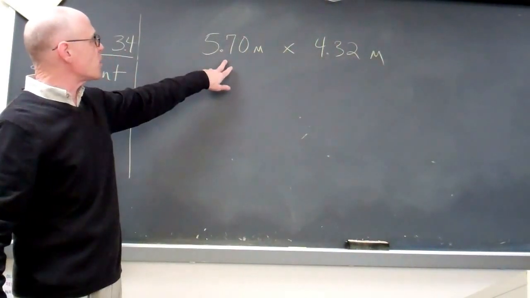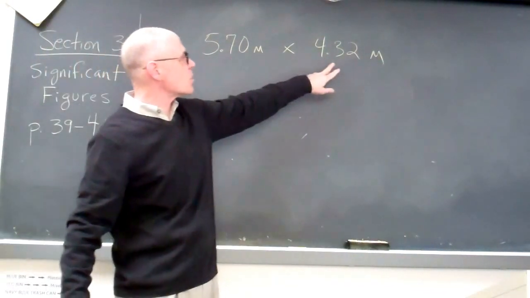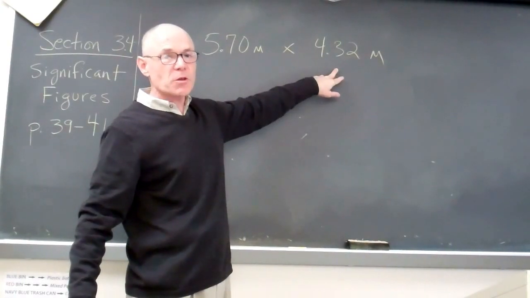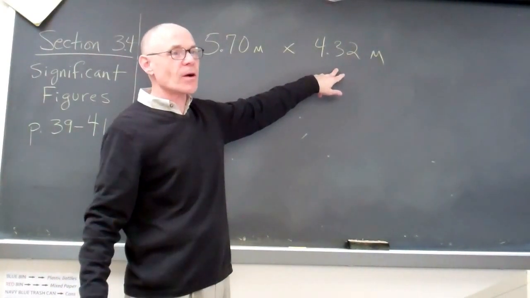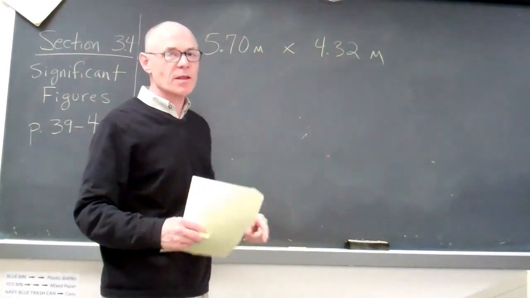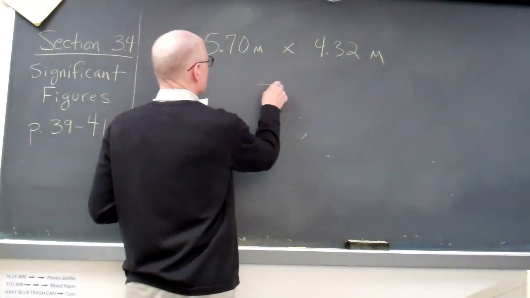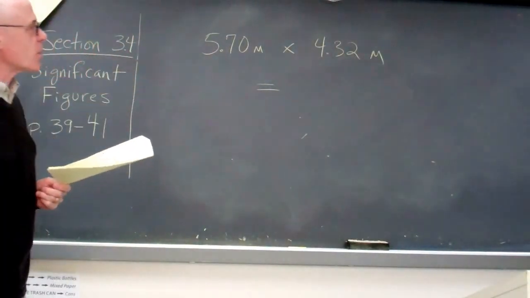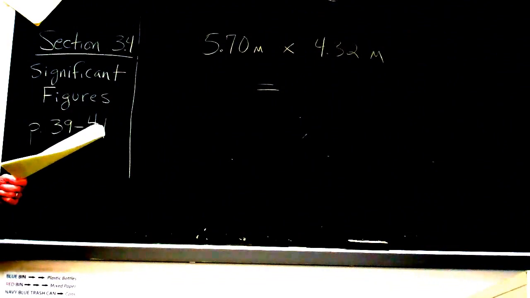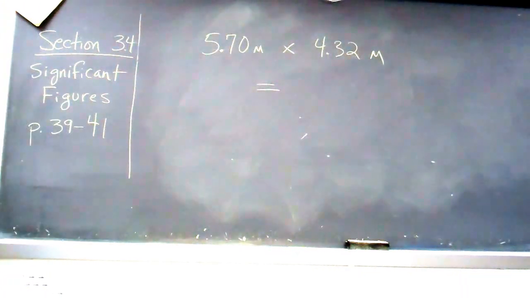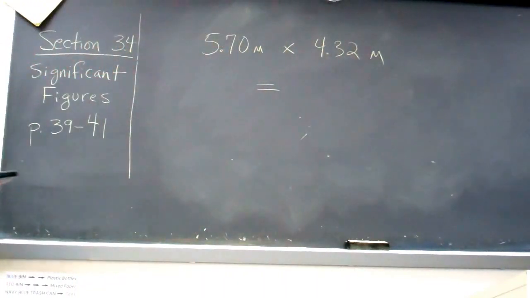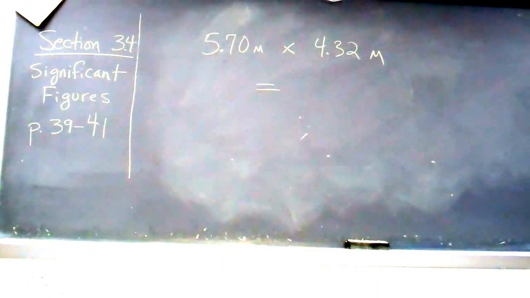So you measured one dimension at 5.70 meters, another dimension at 4.32 meters, and you need to determine the floor area. So area is length times width. You're just multiplying these two together. So what is the proper way to express that answer to the correct number of significant figures? So go ahead and take a minute to do that.